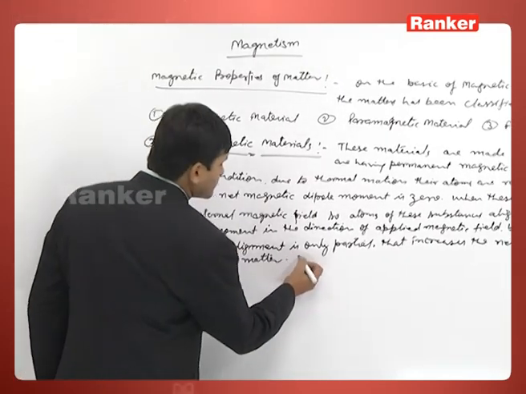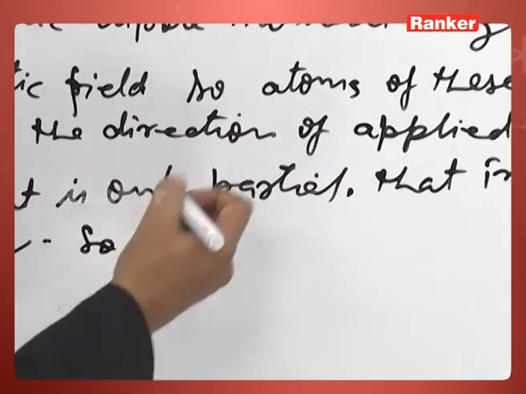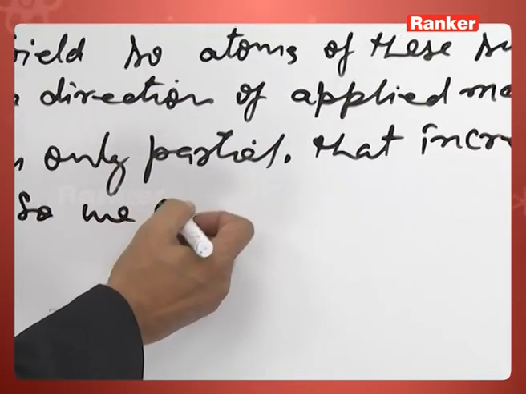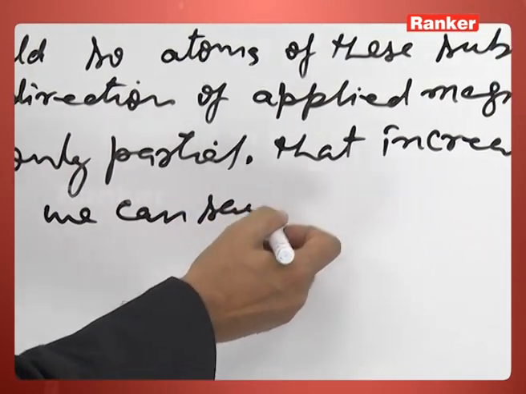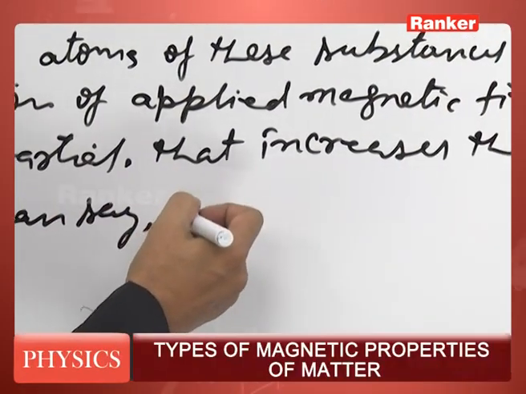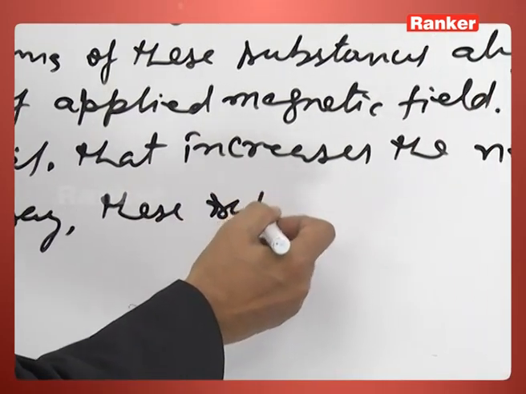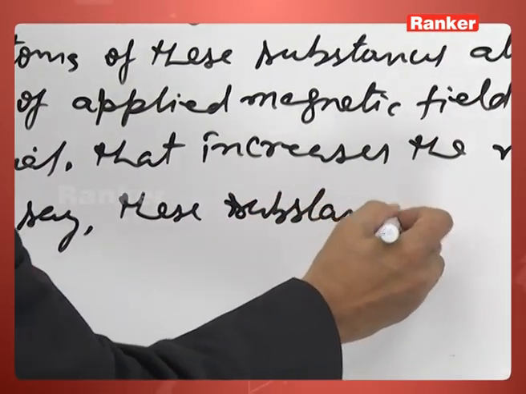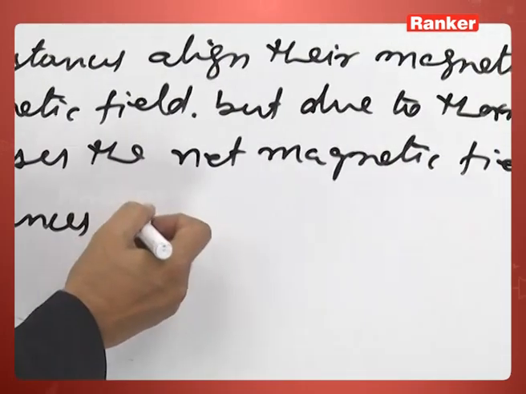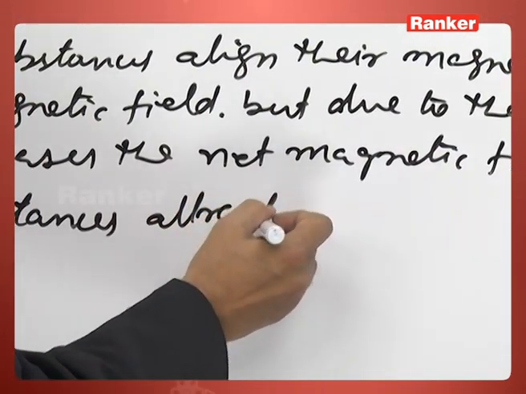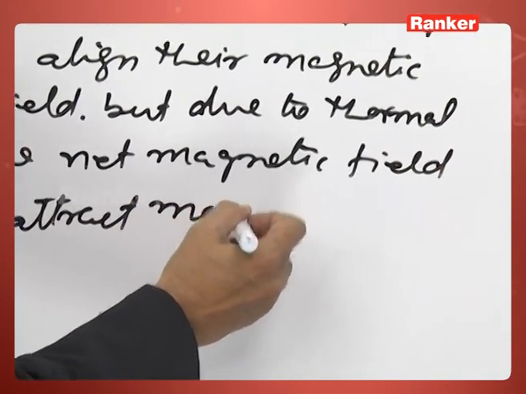So we can say these substances attract magnetic field lines.